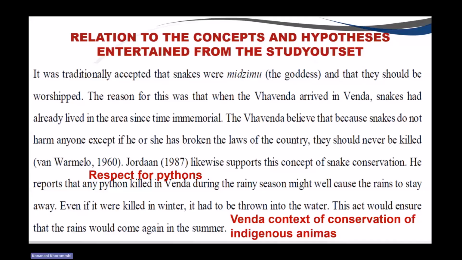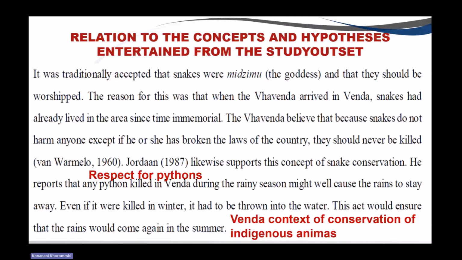This is in accordance with Van Warmelo, 1960. But Jordan, 1987, also supports this concept of snake conservation. He reports that any python killed in Venda during the rainy season might well cause the rain to stay away. Even if it were killed in winter, it had to be thrown into water.